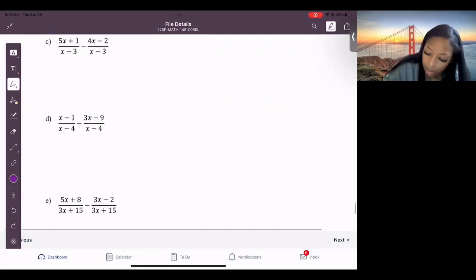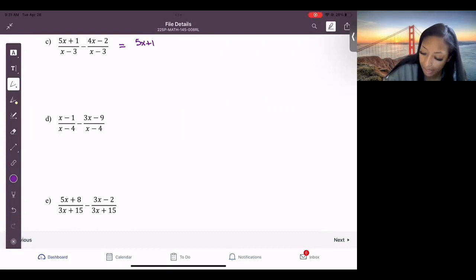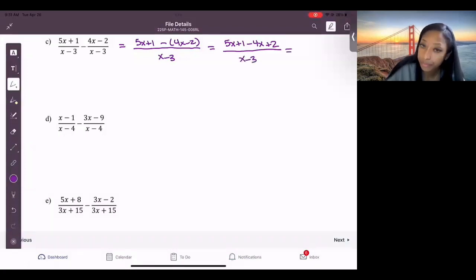When we subtract, we have to subtract the 4x and subtract the minus 2. Okay? So 5x plus 1 minus 4x minus 2. And again, notice the parentheses I'm using here over x minus 3. This becomes 5x plus 1 minus 4x plus 2, all divided by x minus 3.